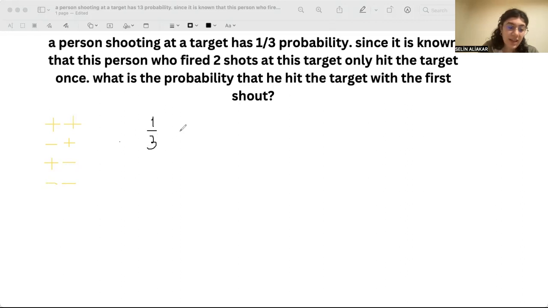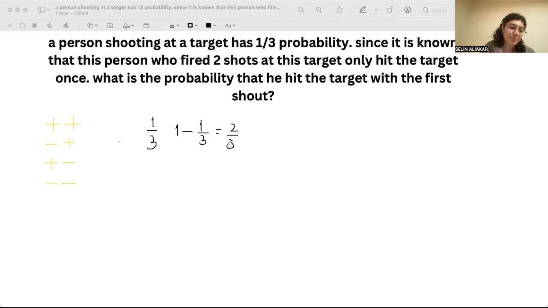The probability of hitting the target is 1/3. Then we have to subtract it from 1 because the whole probability is 1. So 1 minus 1/3 is 2/3.